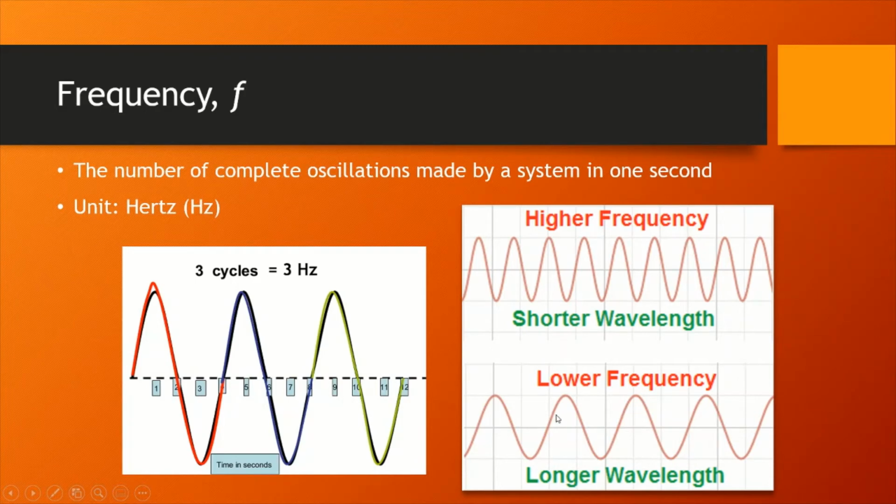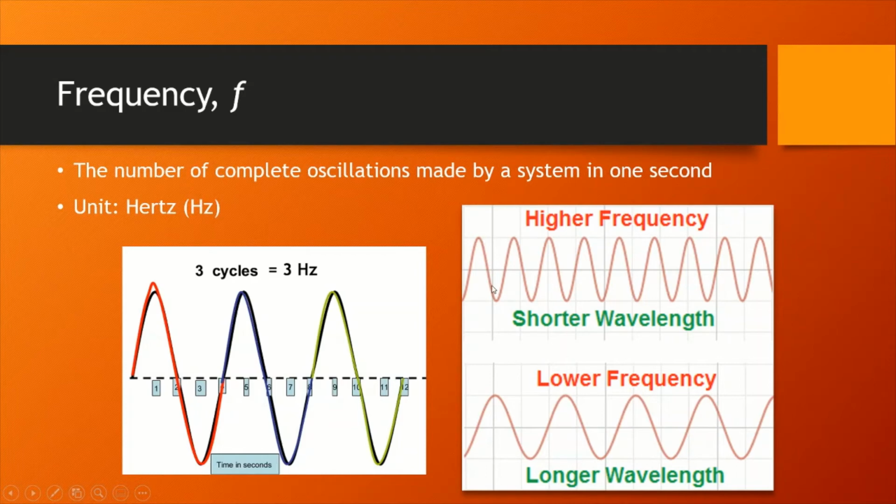So let's look at these two graphs and make a comparison. Let's say from here to the end is 1 second. Same thing here, from here to there is 1 second. In the same time, in the upper graph, how many complete oscillations has it made?